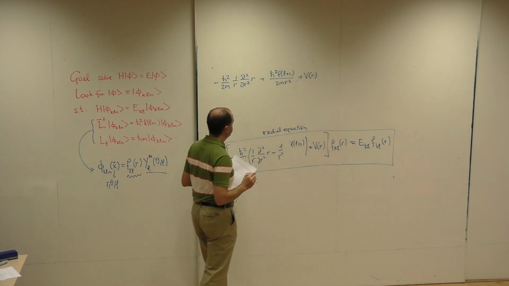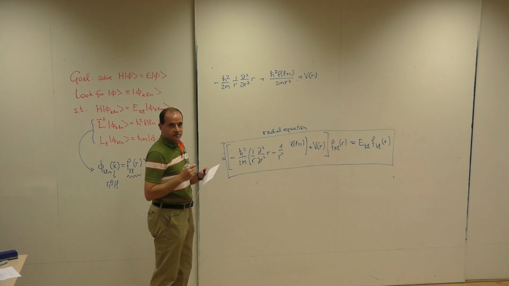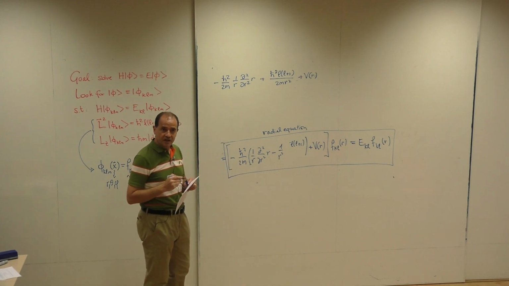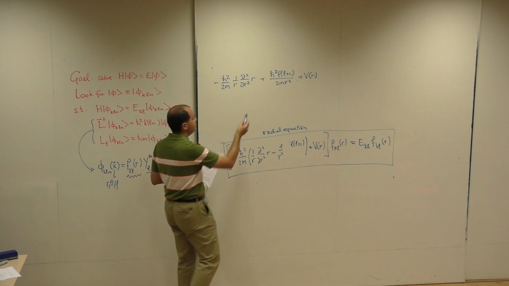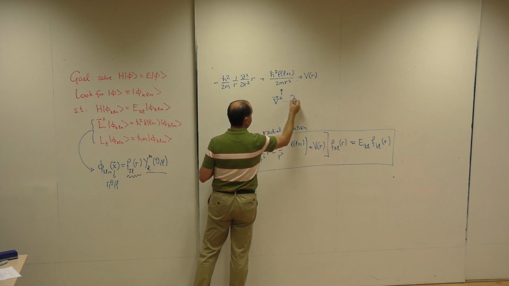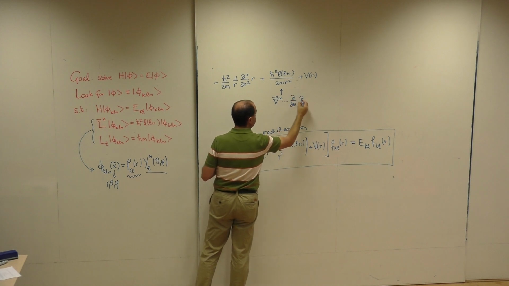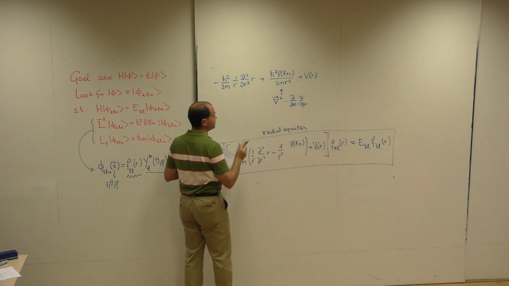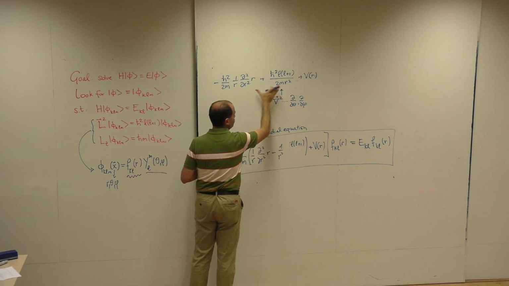That's the Hamiltonian. Even if I'm very slow here, I remind you where this comes from. This comes from the gradient squared, the part with d over d theta and d over d phi. So this plus that was part of the gradient.